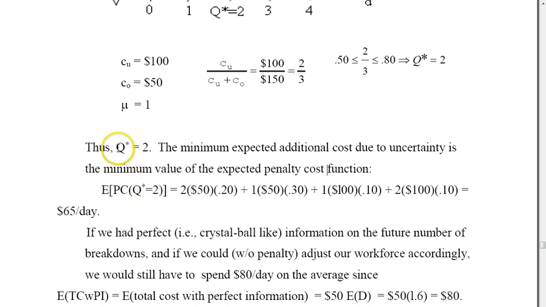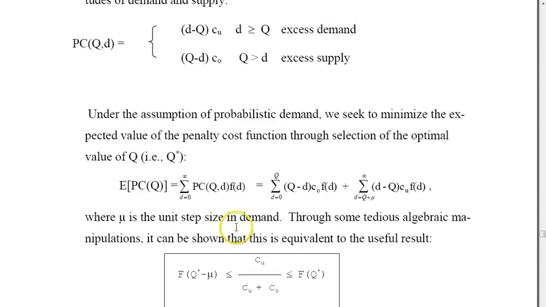So if I hire 2, what's going to be the expected cost, or the additional cost, because I either end up with overstocking or understocking? And so I make Q star equal 2 and repeat those computations I had basically here.